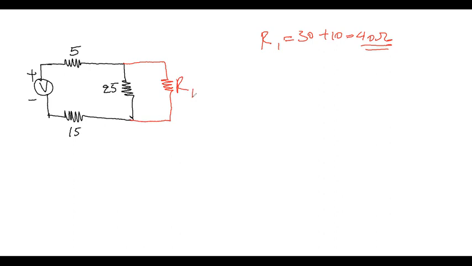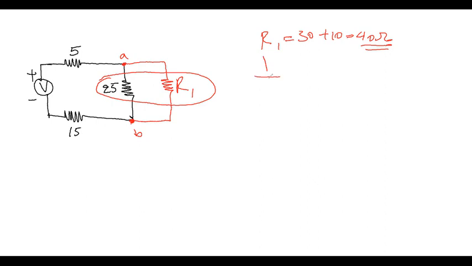Now the 25 ohm resistor is in parallel with R1 because they're connected to the same two terminals. Let's say this is A and this is B. It's obvious that the 25 ohm resistor is connected between A and B, and R1 is also connected between A and B. So they are connected in parallel.